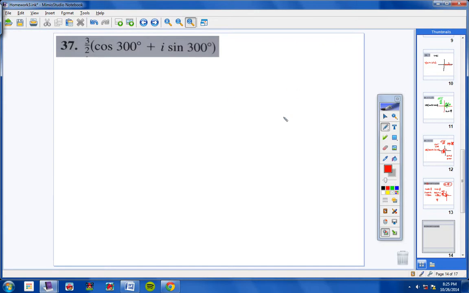All right, 300 degrees. So we're going to rotate 300. So we're left with 60. Okay, so 60 degrees again. My hypotenuse is 3/2. So 3 over 2. Okay, so here we go. In order to write this trig form in standard form, I have to find this distance here.